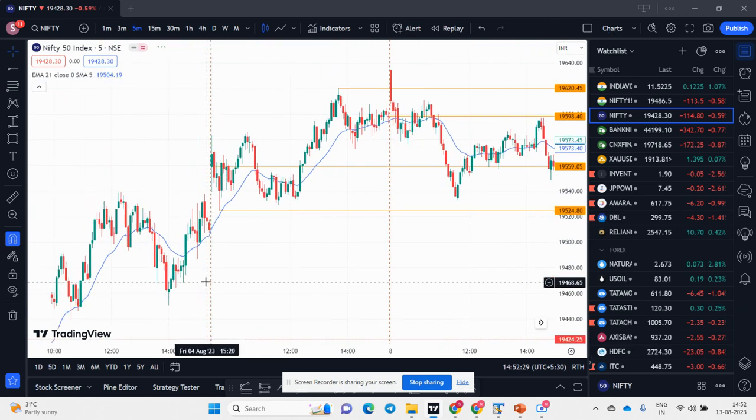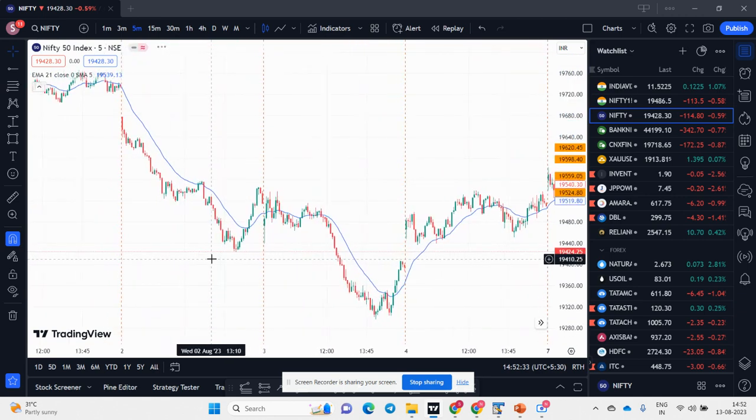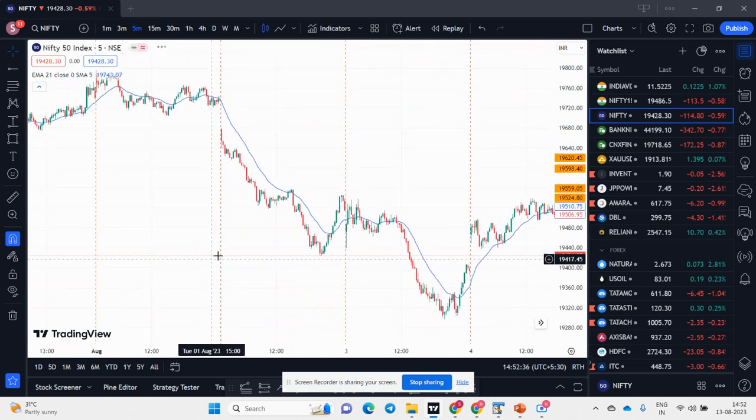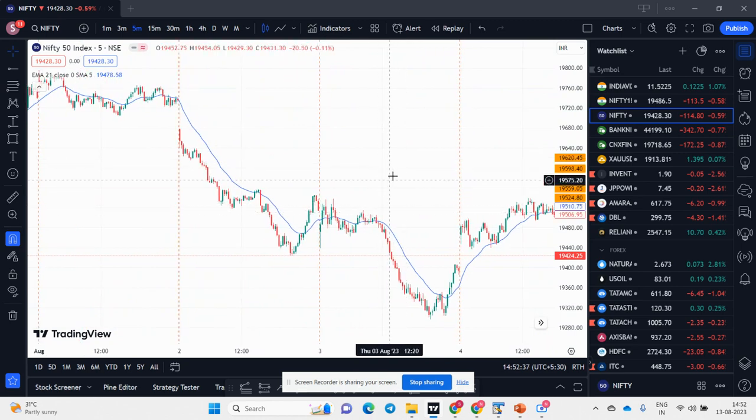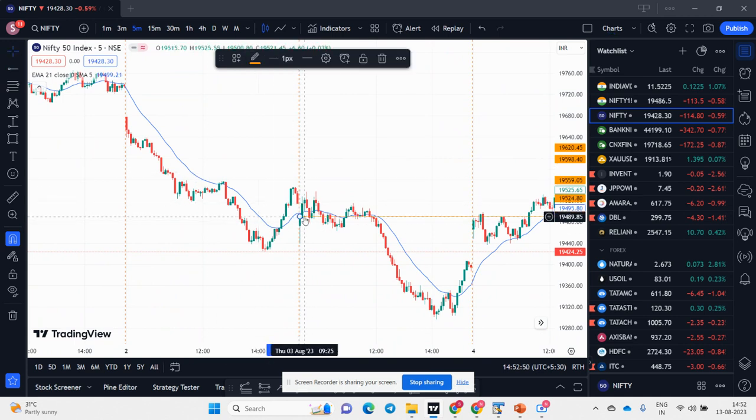And scrolling back further, right, we could see that there is one here, there is one here, this is the previous day close.